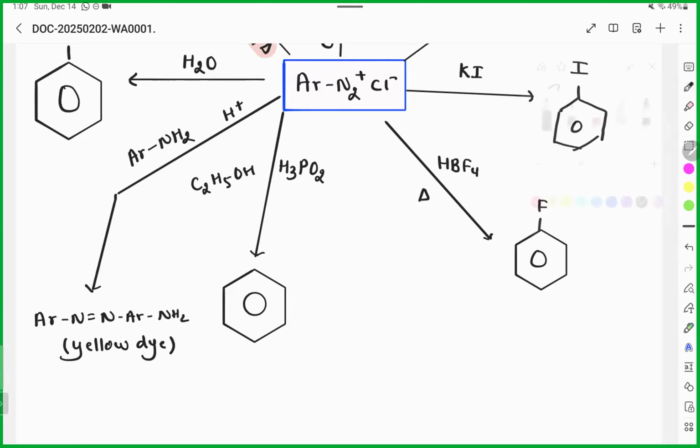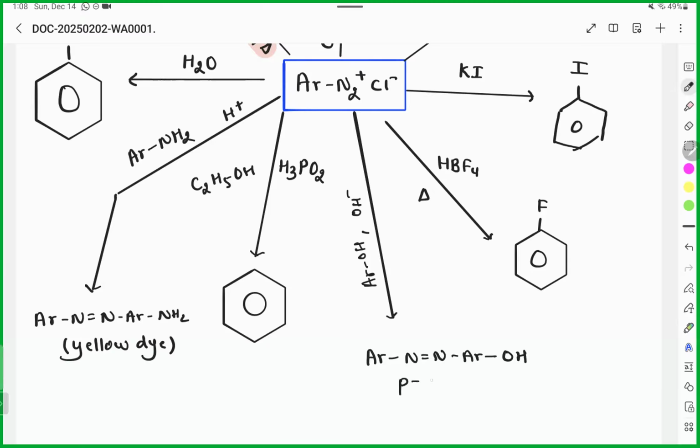And if you do the same thing with phenol in the basic medium, the product will be benzene, double bond, and benzene, and then OH. Remember, this should be para hydroxy. Hydroxy should be at para, same as para amino. Amino group should be at para, and this will be orange color.